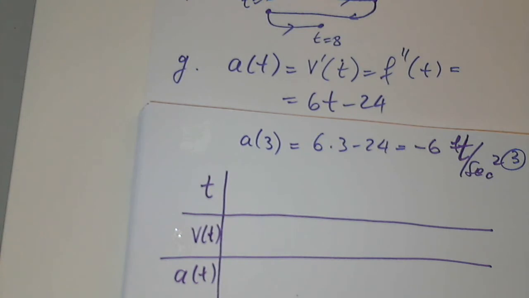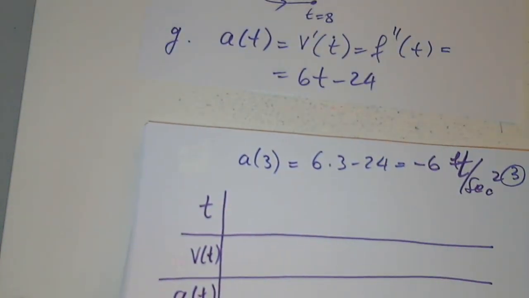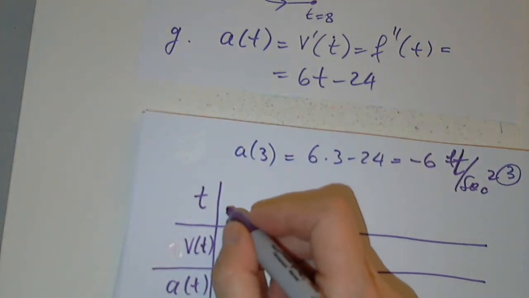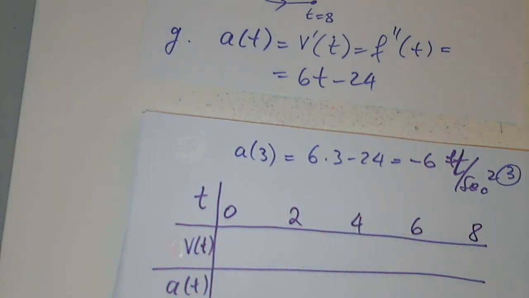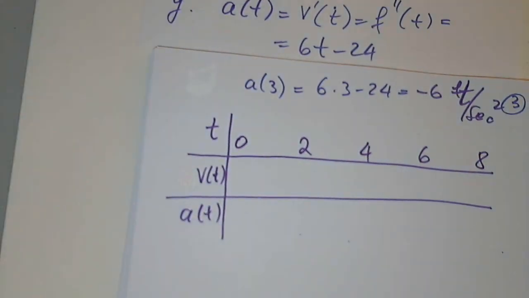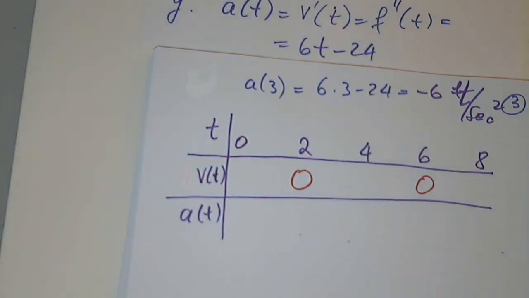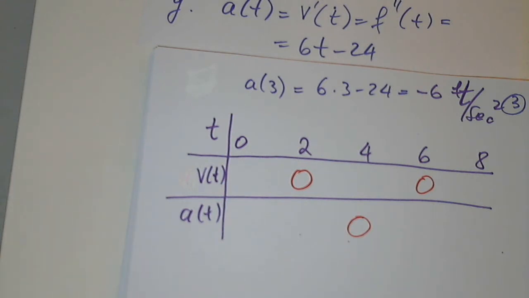Can you please tell me where A of t is 0? At 4 indeed. 0, 2, 4, 6, 8. We already know from the second part that the velocity is 0 at 2 and 6. Now we know that the acceleration is 0 at 4.